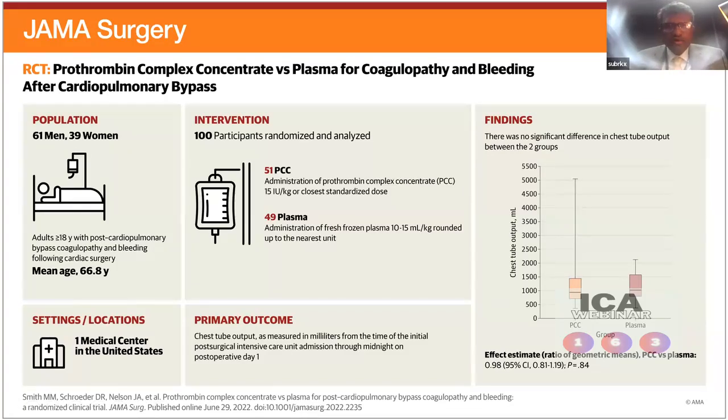Again, the safety profile with these 50 and 49 patients is not really confirmed, but they have shown the efficacy of PCC, and there was no increase in side effects demonstrated with PCC administration in these patients. So it's increasingly used in cardiac surgical patients instead of plasma, at least as a non-labeled use.